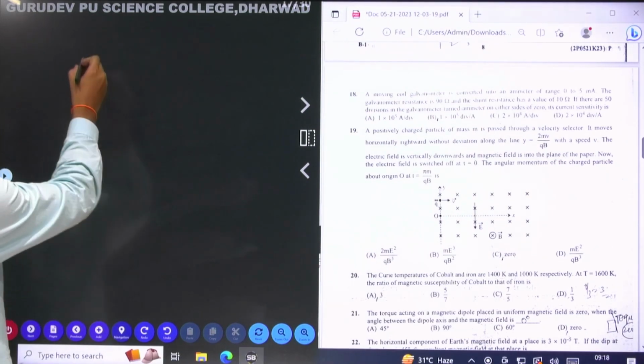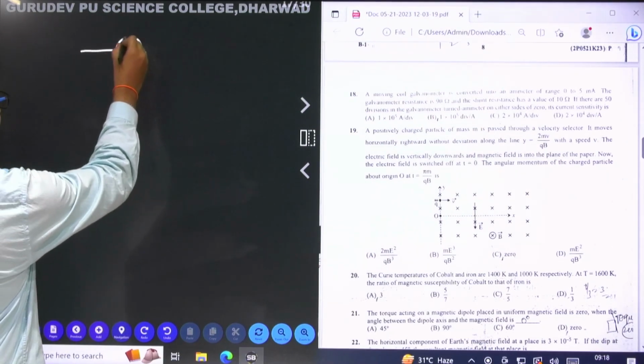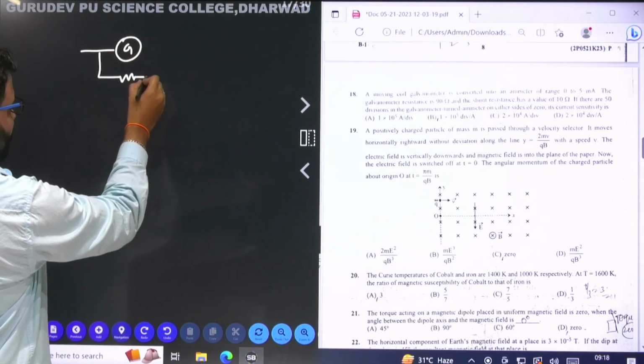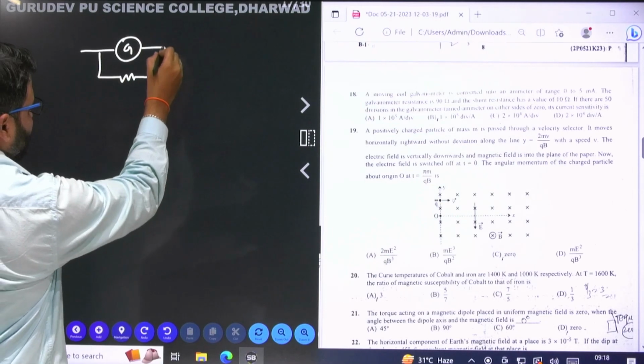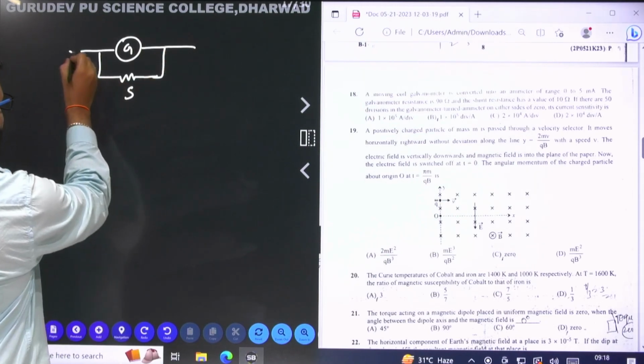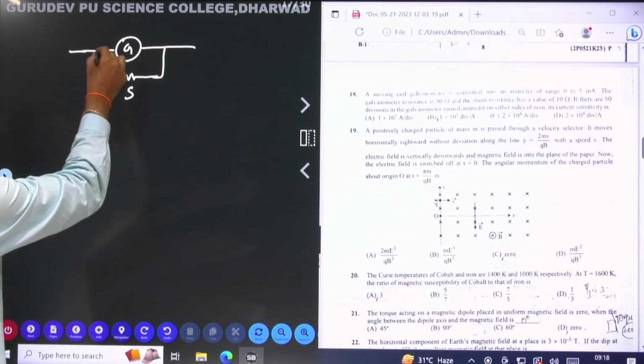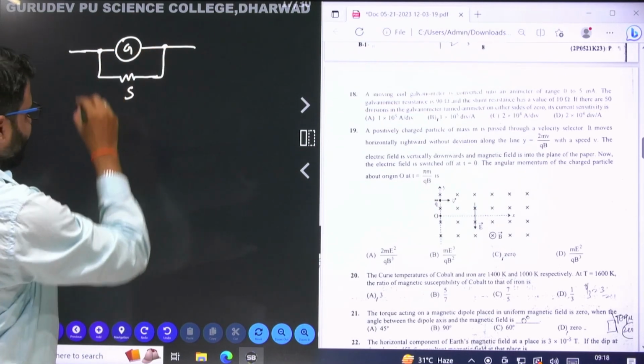How can we convert a galvanometer to an ammeter? A galvanometer must be connected along with a shunt resistance S to convert it into an ammeter. As we already know, for this we have an equation.